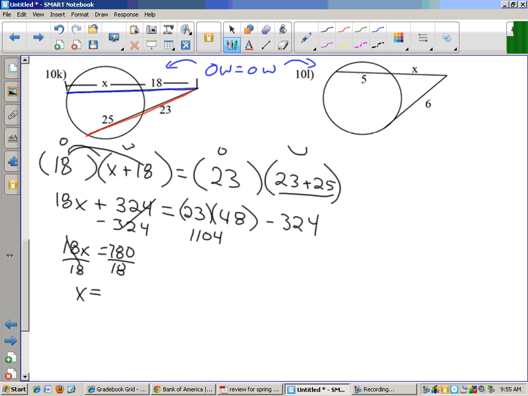What is 780 divided by 18? 130 over 3. All right, and I could reduce that to find out what x is. That's going to be 43 and a third, 43.3 repeating.